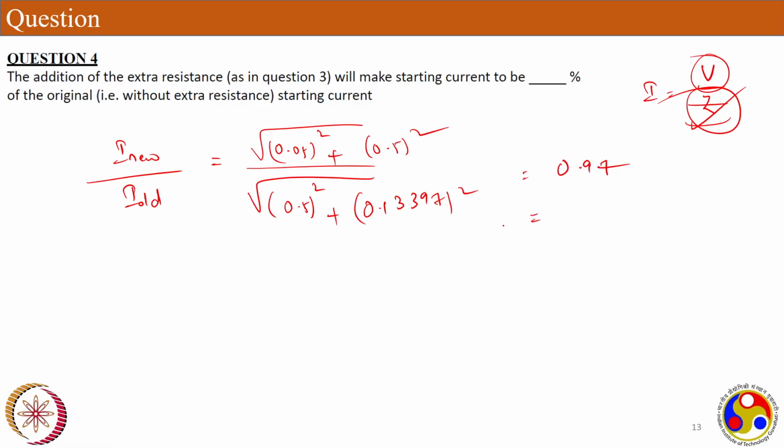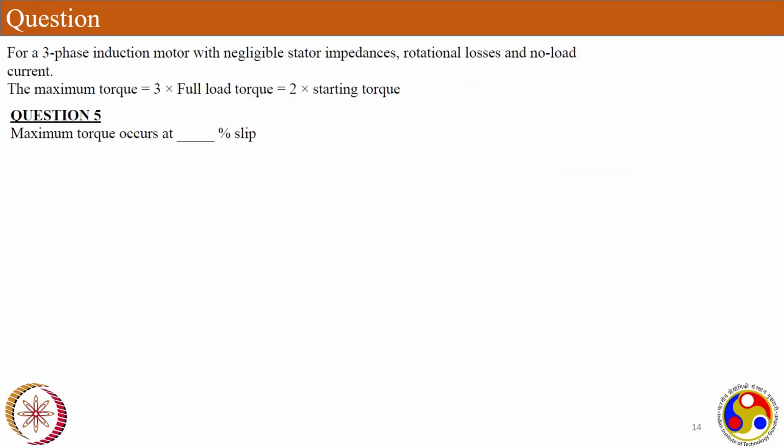Yeah, so this is 97%. So your starting current will become 97% of the original. So you're getting a slight reduction here. Okay, now let's go for the next question.